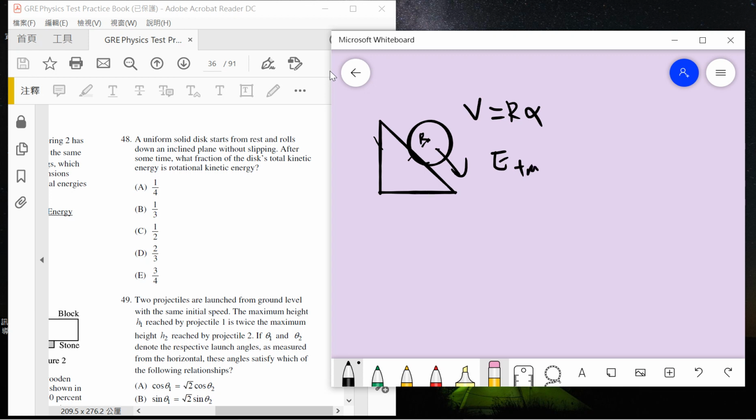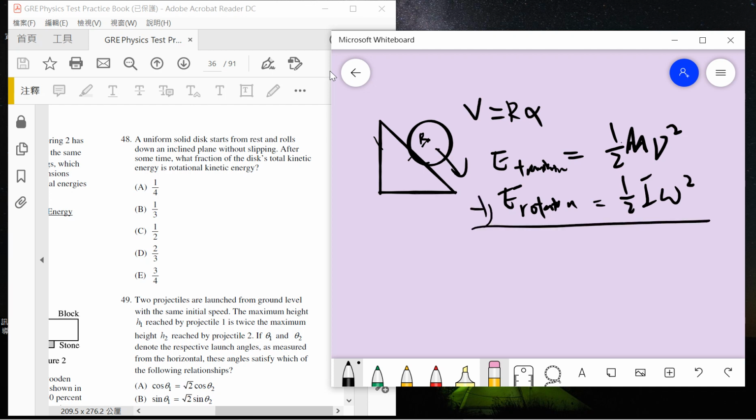Your translational kinetic energy is half m v squared, and the rotational energy is half I omega squared. So the total energy is both. And what's a uniform disk? A uniform disk tells you that I is equal to half m r squared.